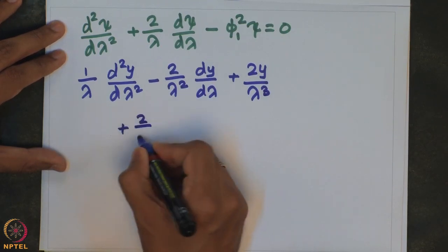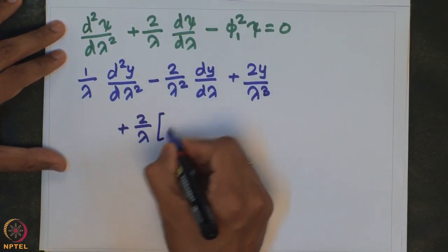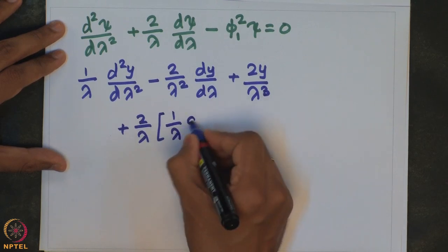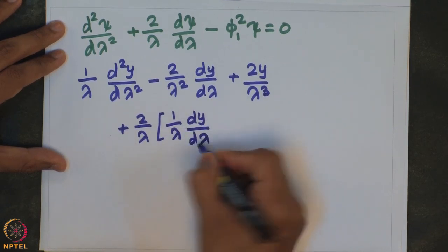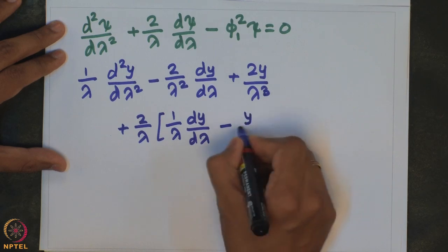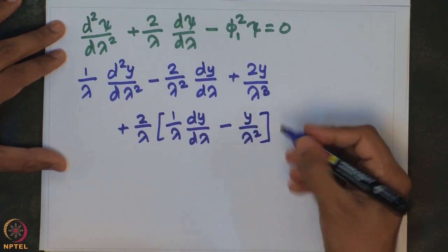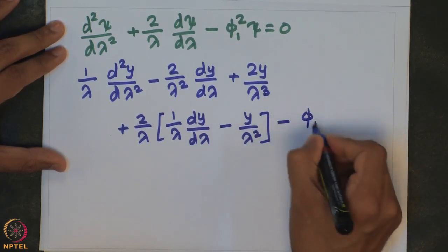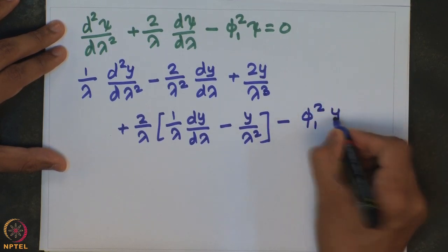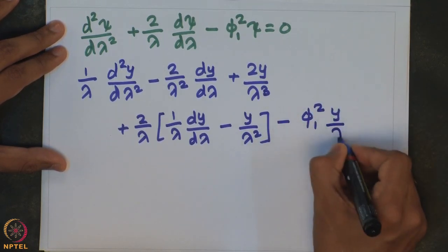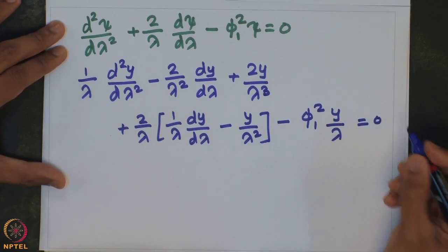That will be 2 by lambda into 1 by lambda dy by d lambda minus y by lambda square, and minus phi 1 square times psi, where psi is essentially given by y divided by lambda, equal to 0.